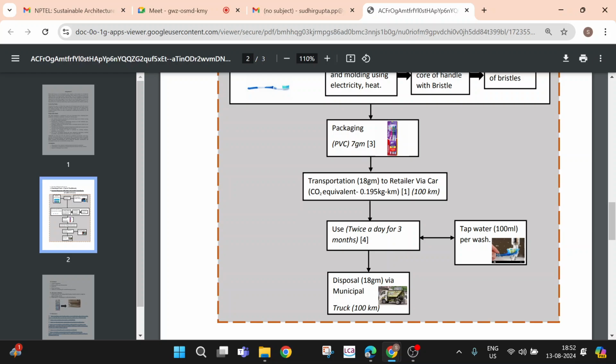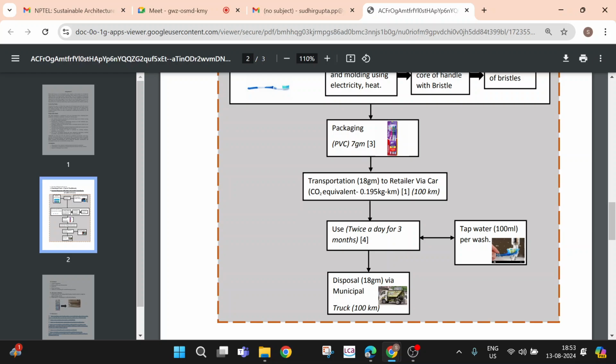Then you will find the CO2 equivalent of the car, and it can be calculated or taken from any of the databases. There are several software tools for life cycle analysis. You can note down that OpenLCA is there, or EcoChain Mobius is there. Different life cycle analysis software you can download and perform this analysis.